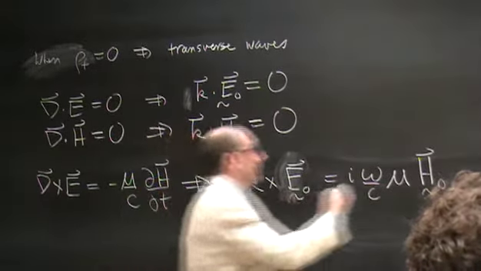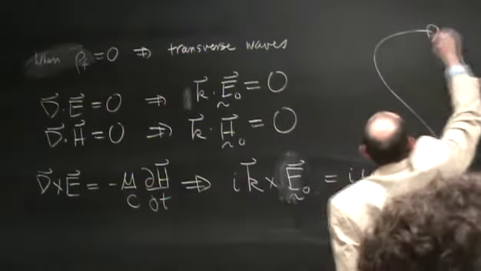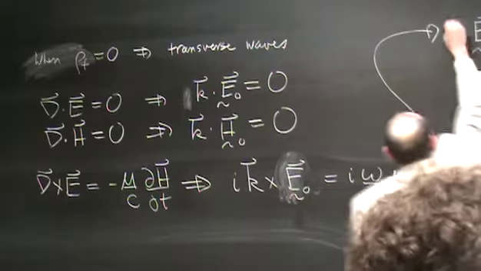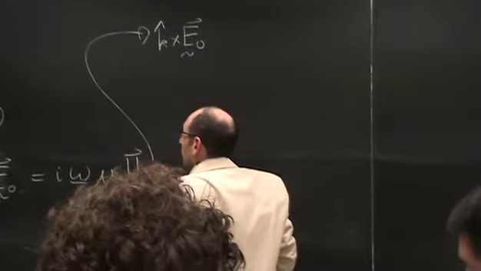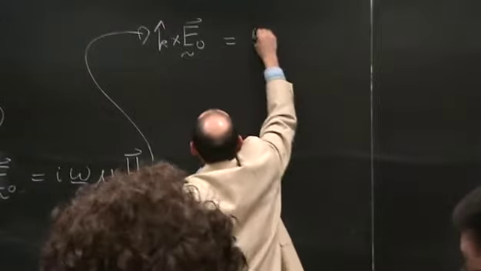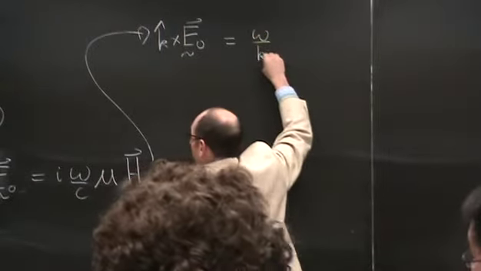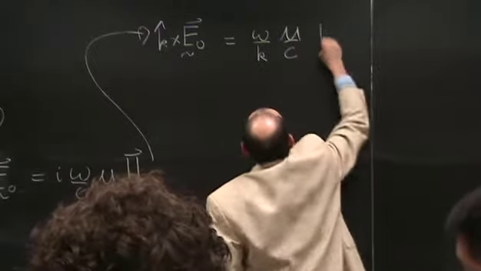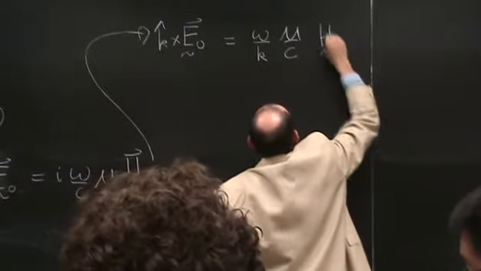So this tells me that E naught tilde crossed into the direction of k is equal to omega over k mu over c H naught tilde.